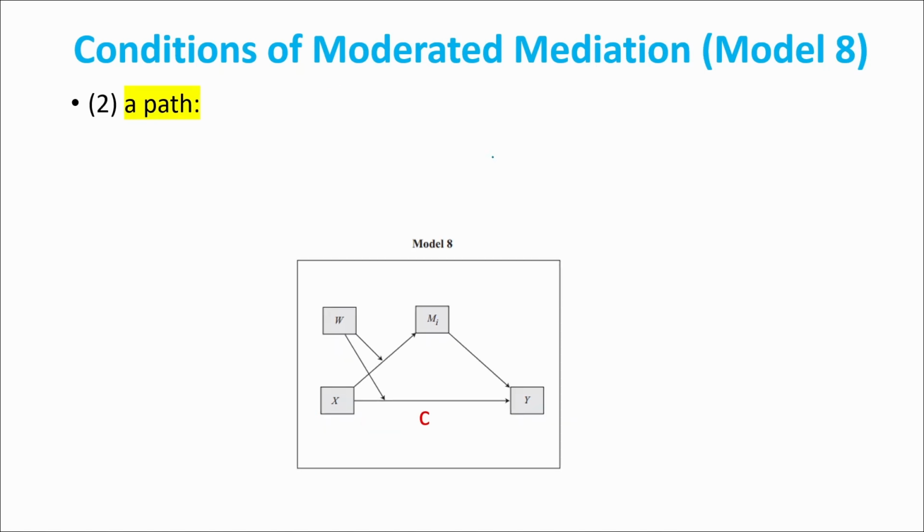Another one is the A path. We know that the C path is here, and the A path is here. For the A path, we can also write a regression model.